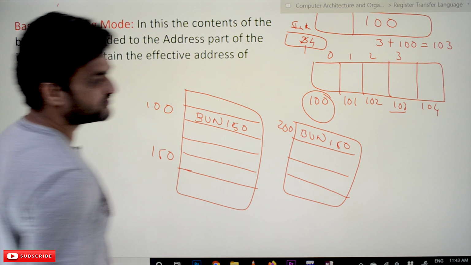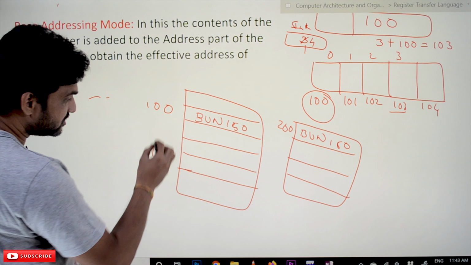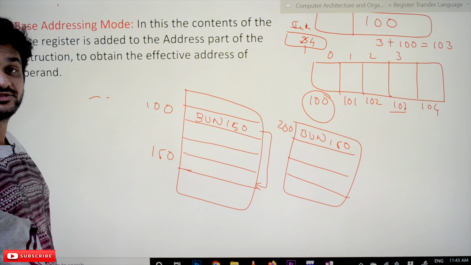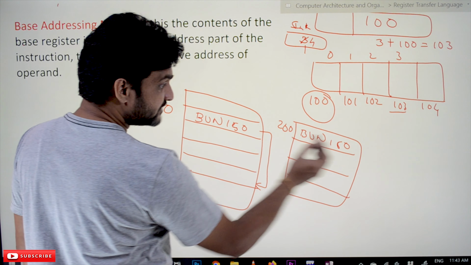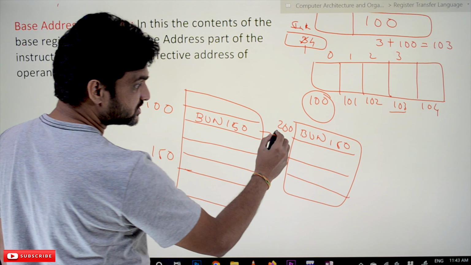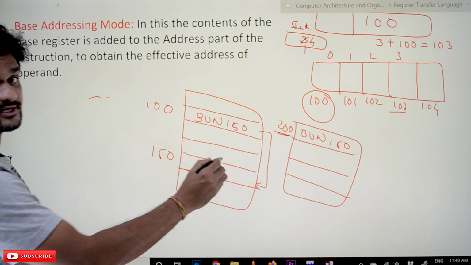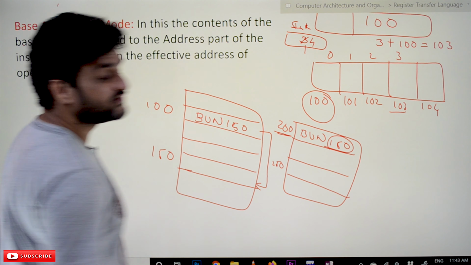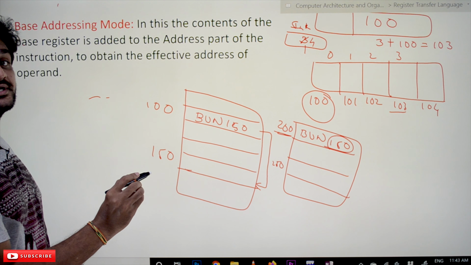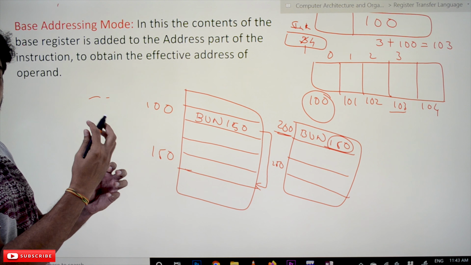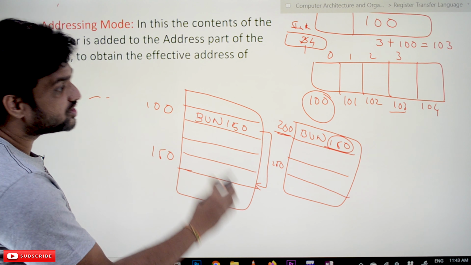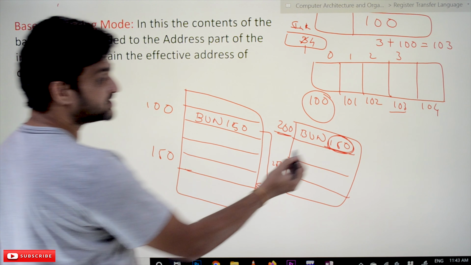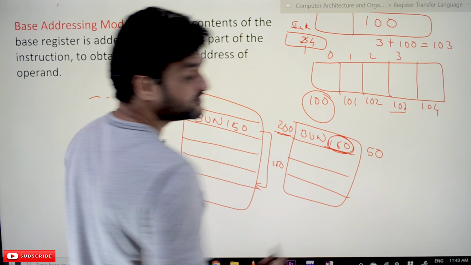We have the value 150. For the original program location, it is absolutely right to access the 150th location, but when the program has been brought again onto location 200, we have to access the 250th location, but here we are given 150. This is how multi-programming gets executed. So instead of giving the absolute address, we have to give the relative address, which here is 50.